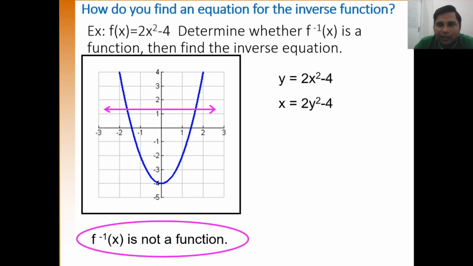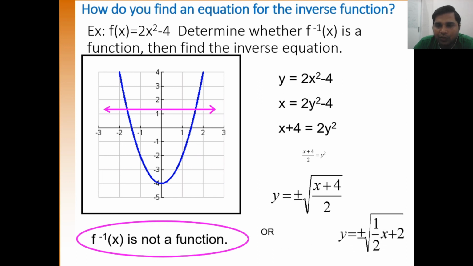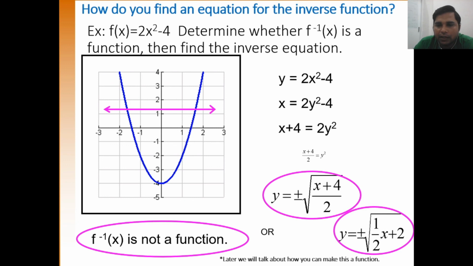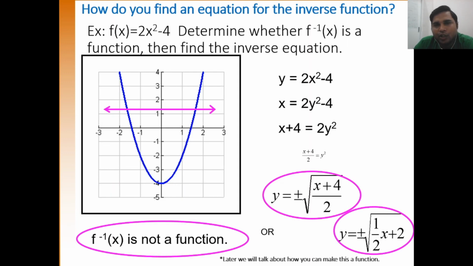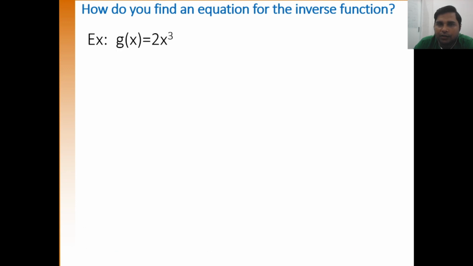So y is equal to 2x squared minus 4, then replace y with x and x with y, and make y the subject. As you can see, there will be two values, plus minus the square root of (x plus 4) over 2. That's why the inverse is not defined. But later on I will explain how we can restrict the domain and get the inverse function.